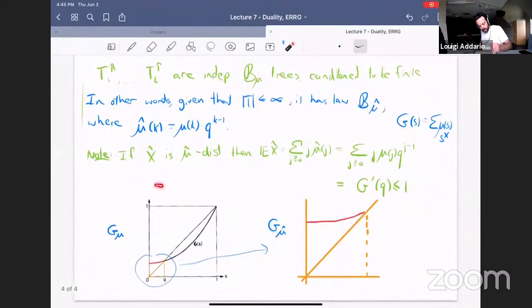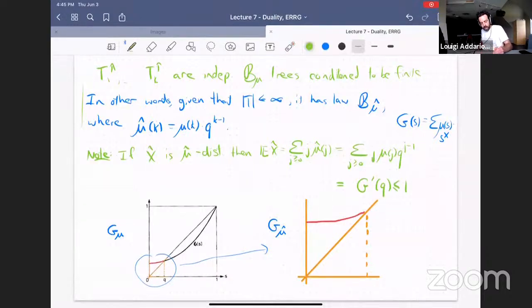Then this is what the picture looks like. This is the curve g of s. It has slope greater than 1 at 1. It's convex, and so when it crosses the line y equals x at position q, its slope is less than 1. So that's saying g prime of q is less than 1.